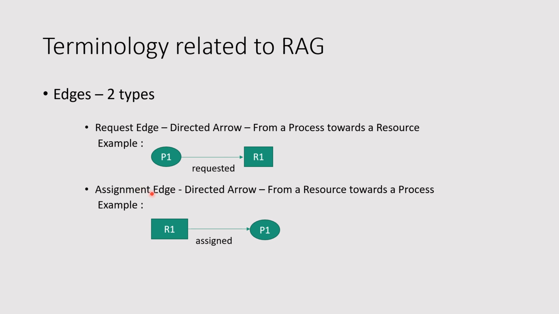Likewise, the assignment edge is directed arrow from a resource towards a process. As in this example, this resource 1 has been assigned to process P1. So using these symbols and this terminology, we'll be creating a resource allocation graph.